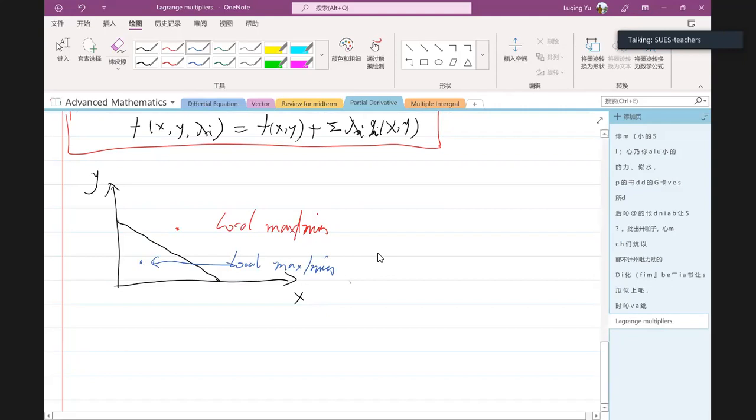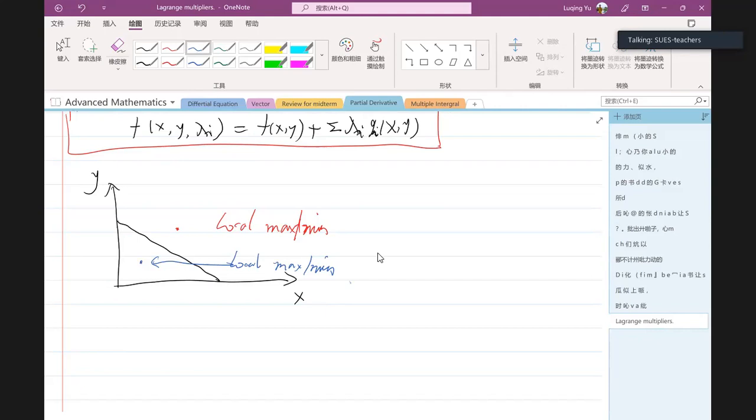The thing is very important. When you are trying to find the local maximum and local minimum, you have to find those critical points and see whether the critical point is inside of this constraint or outside of the constraint. Because if it is outside of this constraint, which means this constraint doesn't work, then you don't have to introduce the Lagrange multiplier into the solution. However, if the critical point is on the constraint, then you have to use the Lagrange multiplier.